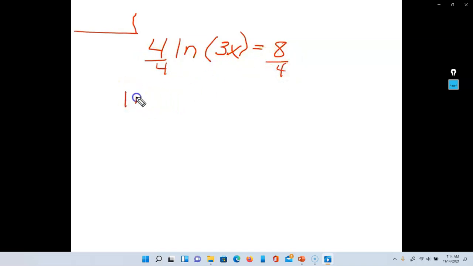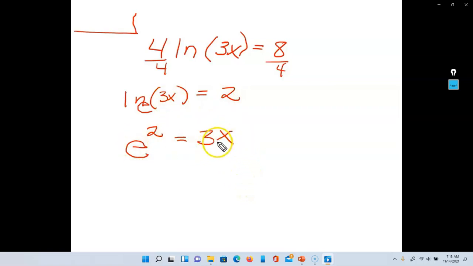So now we have the natural log of 3x equals 2. Well, what is the base of our natural log? Well, that is e. So converting this to its exponential form, it will be e to the second power equals 3x.